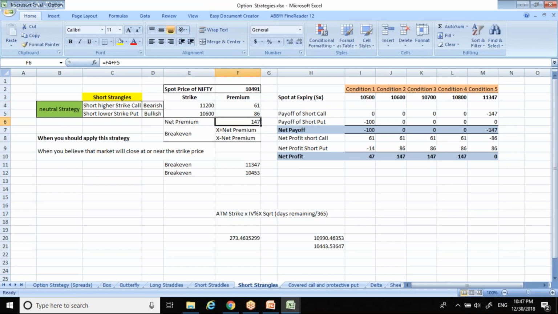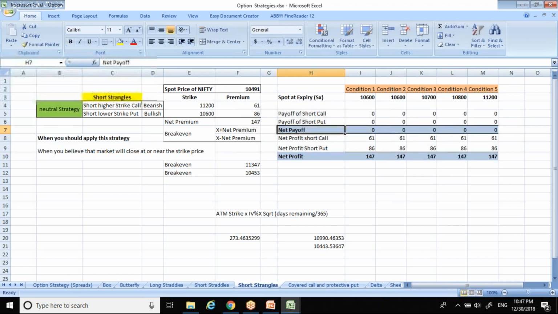So net premium is what I'm gonna receive here. Now what happens is, let's say the range is 10,600 to 11,200. Now look at here.